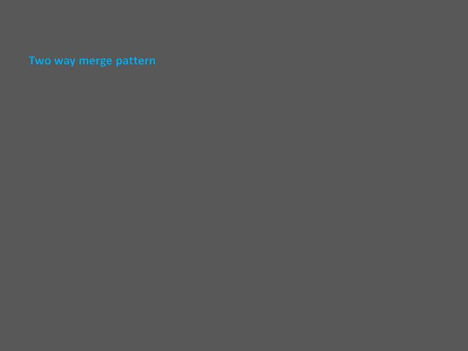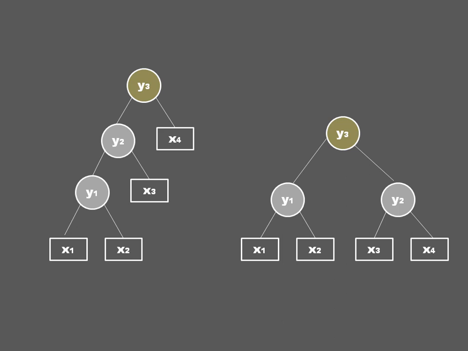Therefore, it is called the two-way merge pattern. These two-way merge patterns are represented by binary trees, as we have seen over here. In this way we represent the two-way merge patterns.